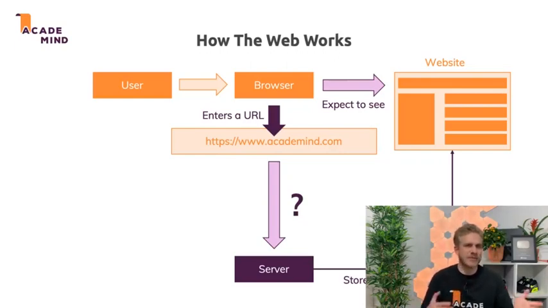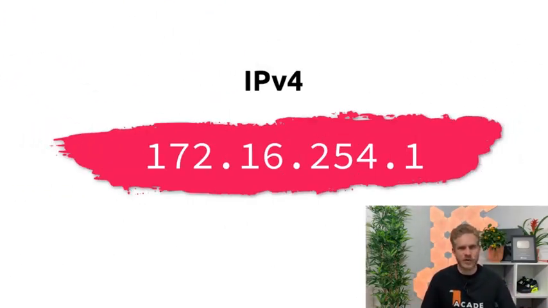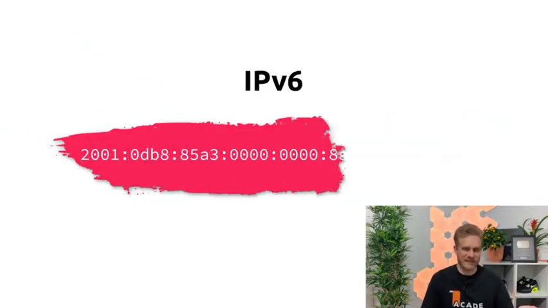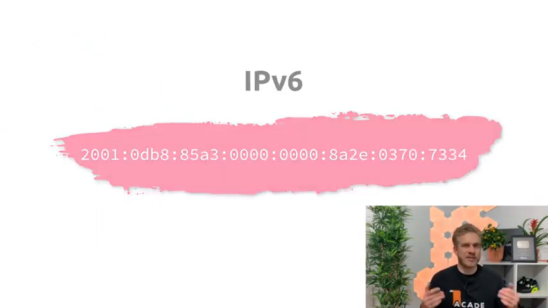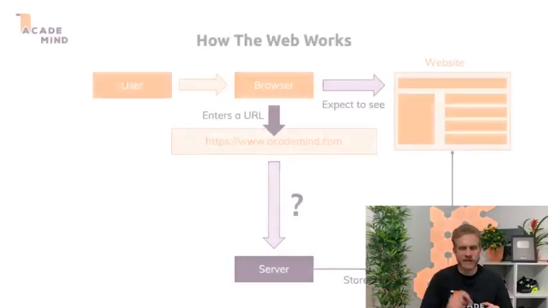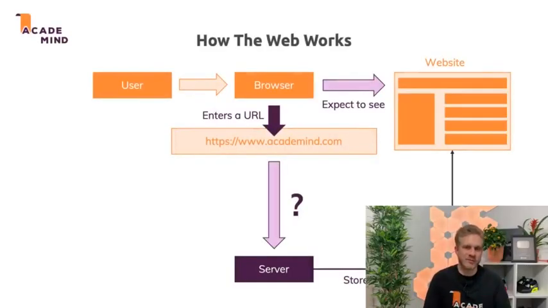And an IP address looks something like this, or in a more modern version like this. This is of course not something you would want to enter into your browser, but you could do it actually. You could enter such an address, if you knew it, into the browser and visit a website with just that address. But of course the domain, as this other thing here is called, is much more human readable.